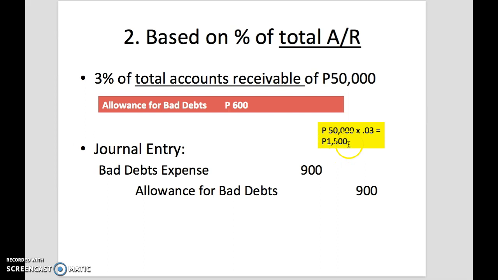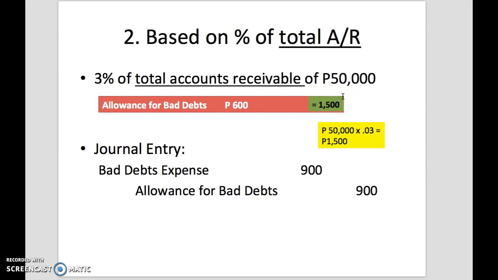Now, this 1,500 indicates the total allowance for bad debts during that period. From what we see here visually, we already have 600 from the previous period, and at the end of the period, you need to have allowance for bad debts amounting to 1,500.